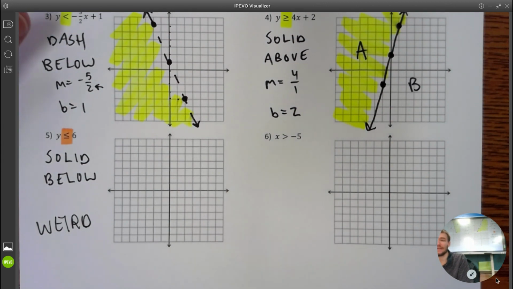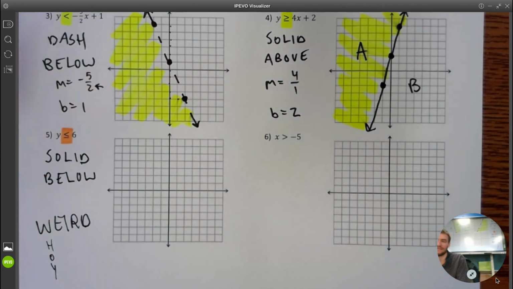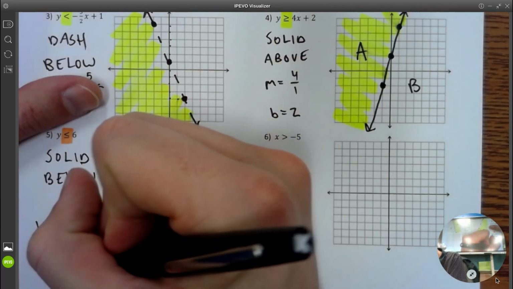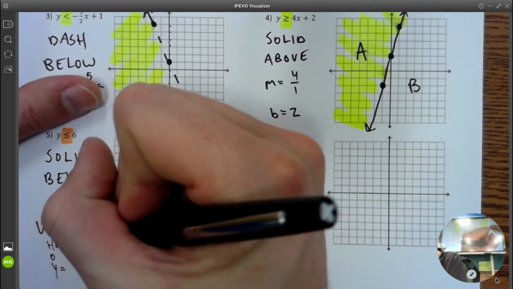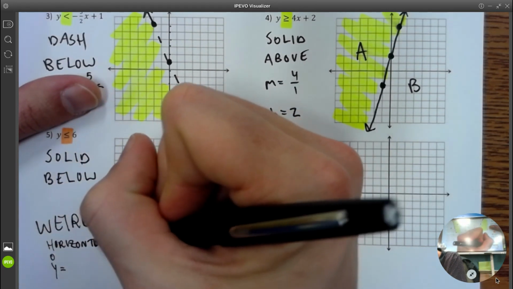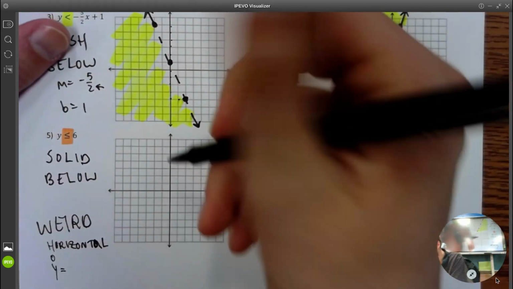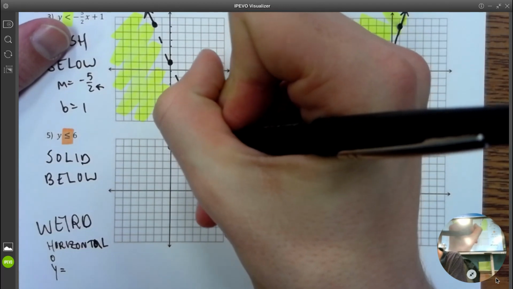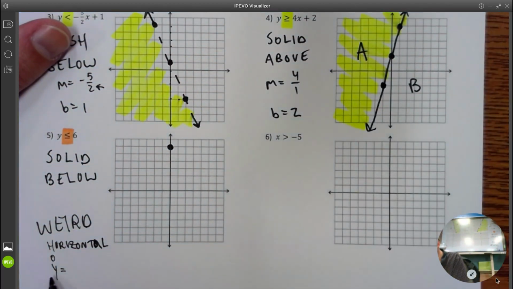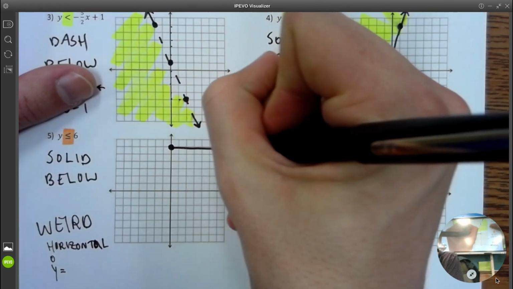That tells me it's going to be a HOY VUX graph, which is just a silly thing to help us remember horizontal and vertical. And so y equals should be horizontal. It's ugly. So I'm going to start at 6 on the y-axis. I'm going solid, horizontal, straight to the side.